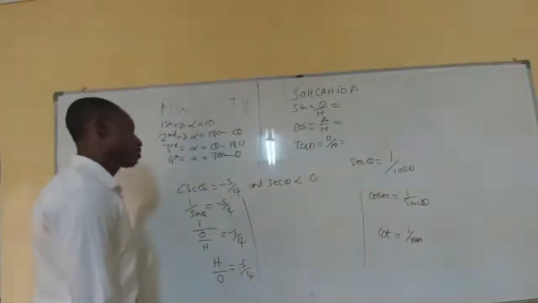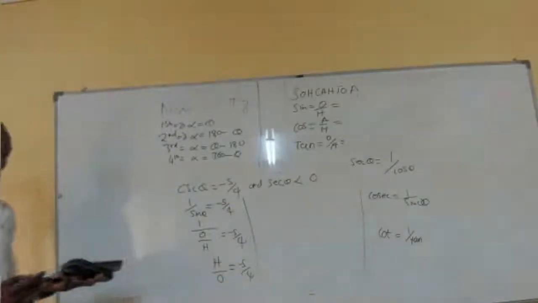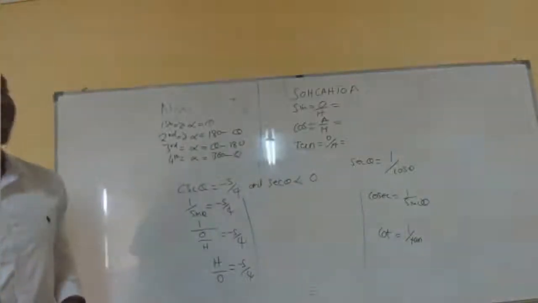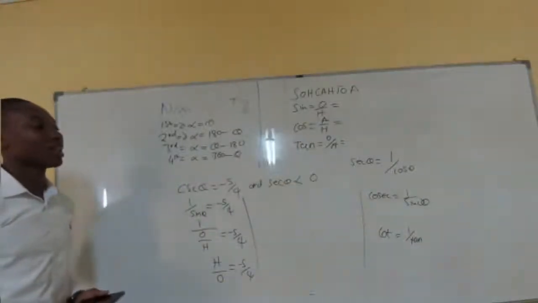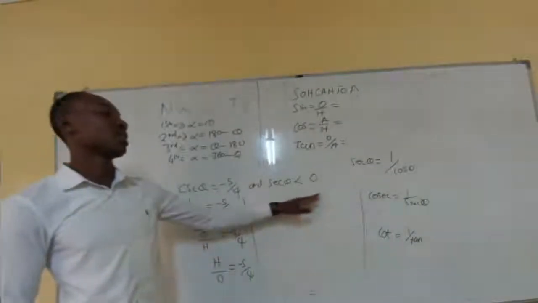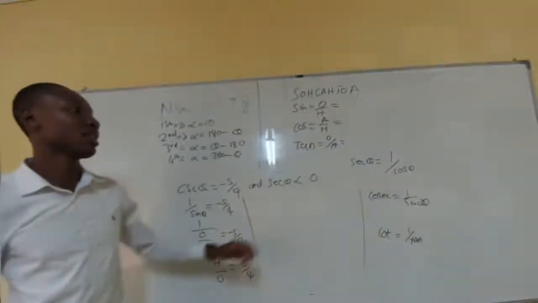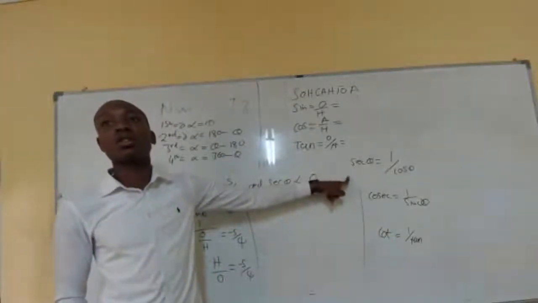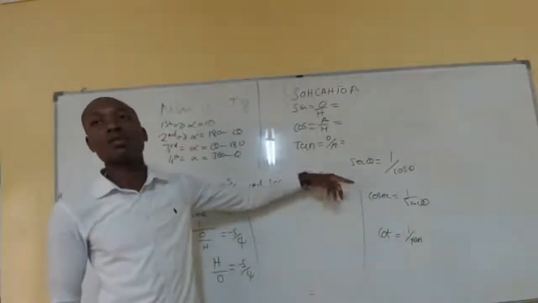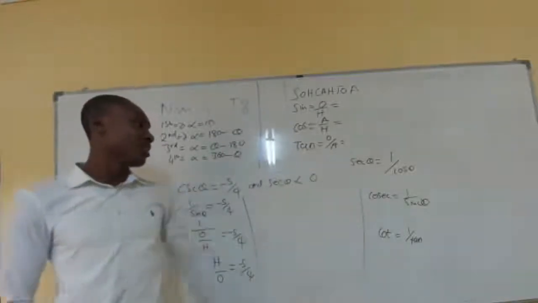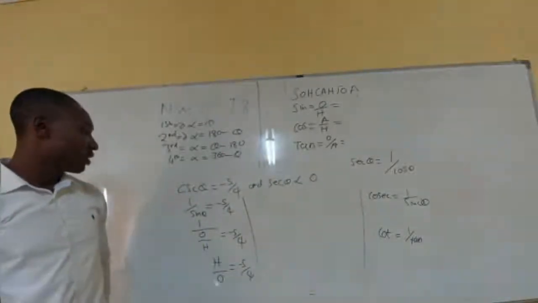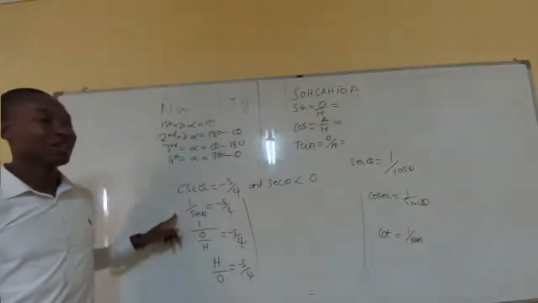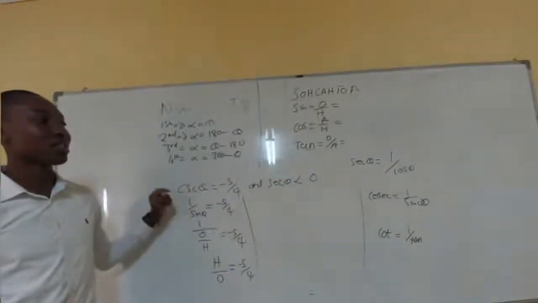In this case we've not been told where the terminal side is. All that has been mentioned is that sec theta is less than 0. Sec theta is 1/cos theta, so cos is negative. Cosec is negative, meaning sine is negative.